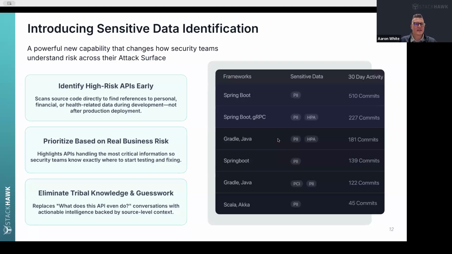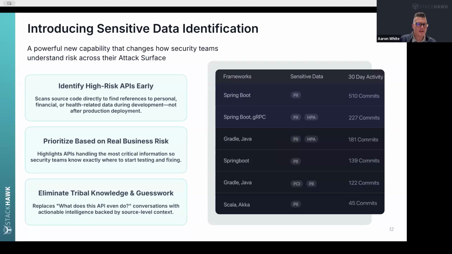Sensitive data identification is a powerful new capability, and we're trying to help security teams understand the risk to their business across their entire attack surface. So identifying high-risk APIs, which APIs are handling sensitive data, PII, PHI, and PCI data specifically, and we'll cover that more in a minute.